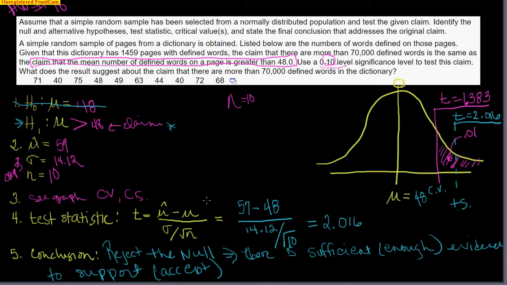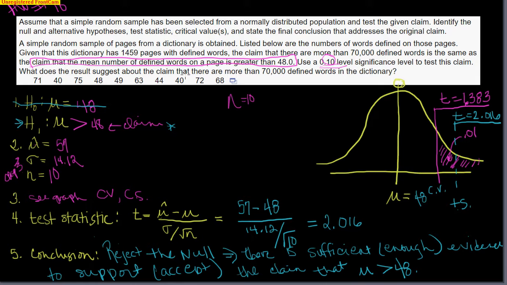When you're writing it out in your homework, either one is fine with me, to accept the claim that the average number of words on a page in a dictionary is greater than 48.